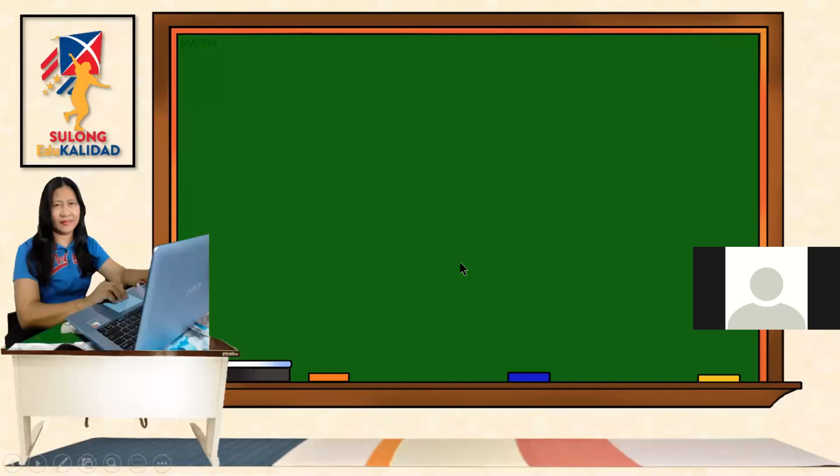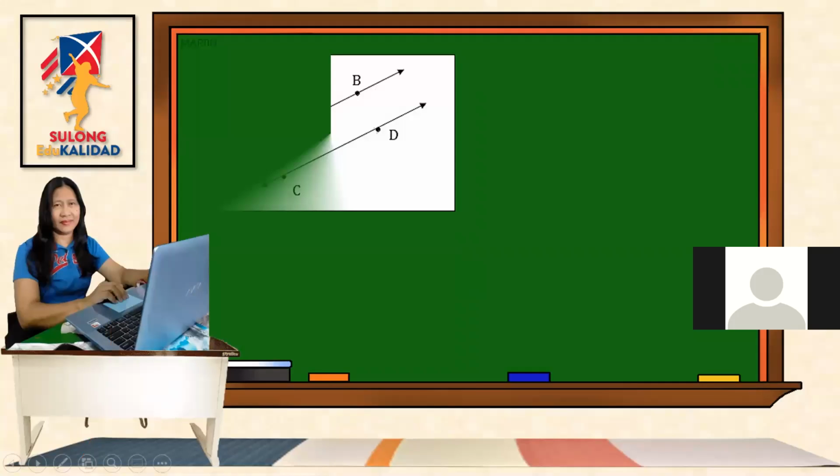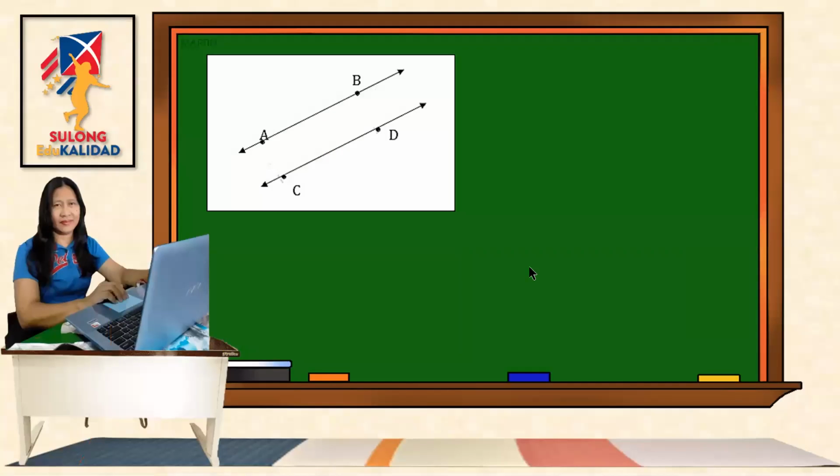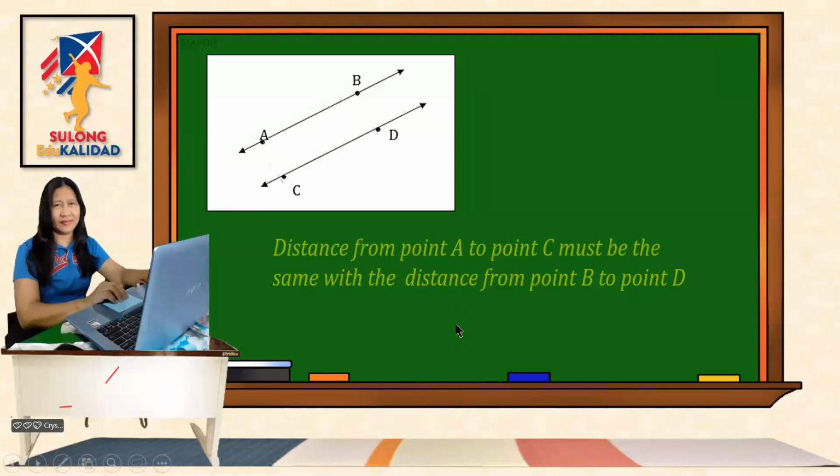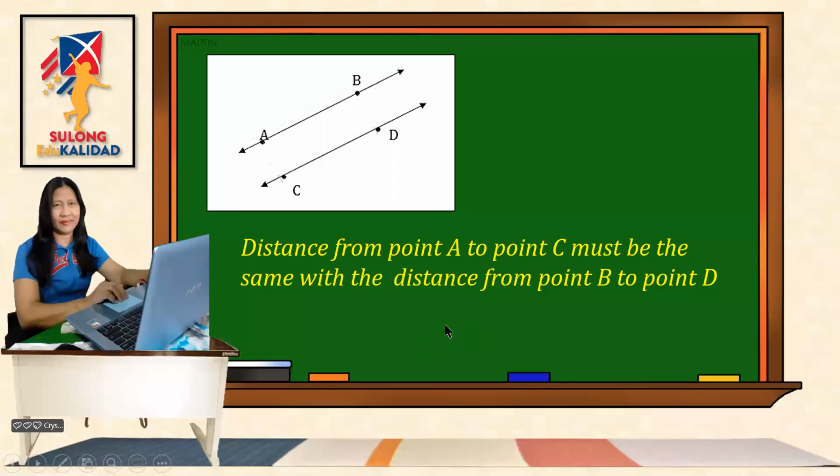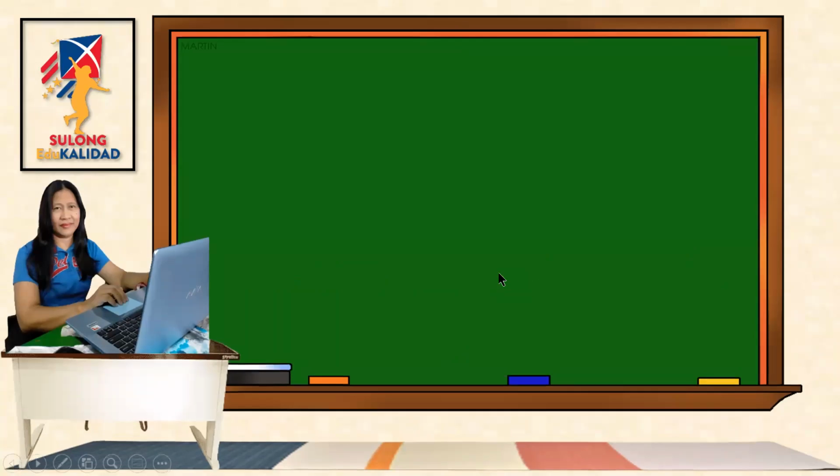Okay, let's proceed. So, these are another parallel lines. The distance from point A to point C must be the same as the distance from point B to D. Ayun. So, yan ang parallel lines. Magkasing layo. Hindi sila magko-cross sa isa't isa.